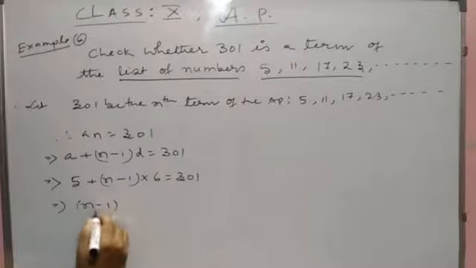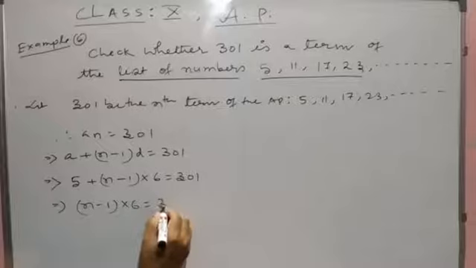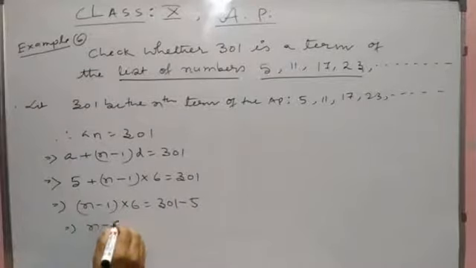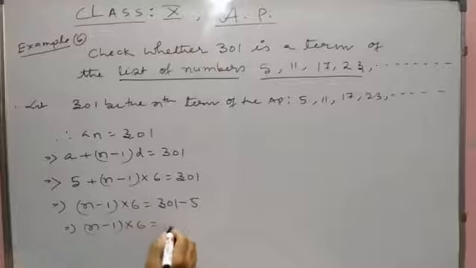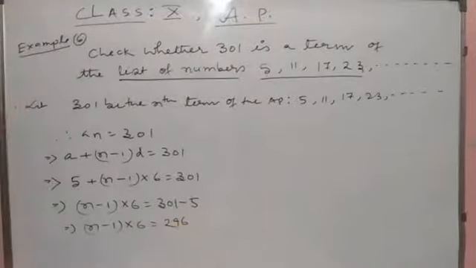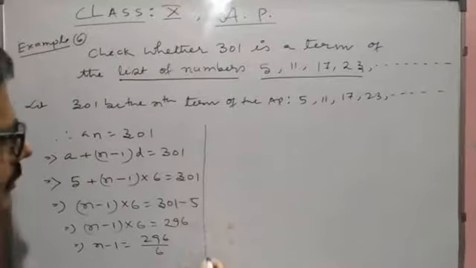This implies that n minus 1 into 6 equal to 301 minus 5. This implies that n minus 1 into 6 equal to 296. And this implies that n minus 1 equal to 296 by 6.